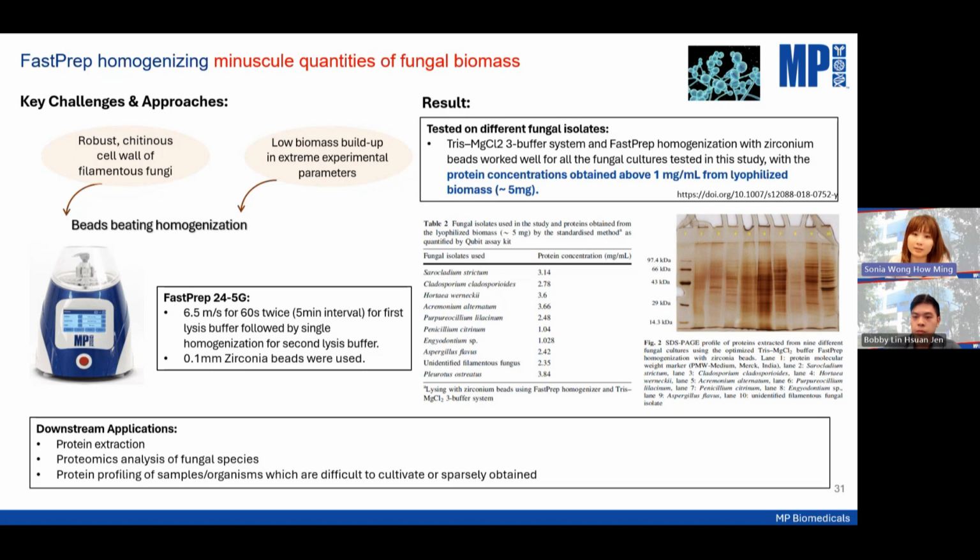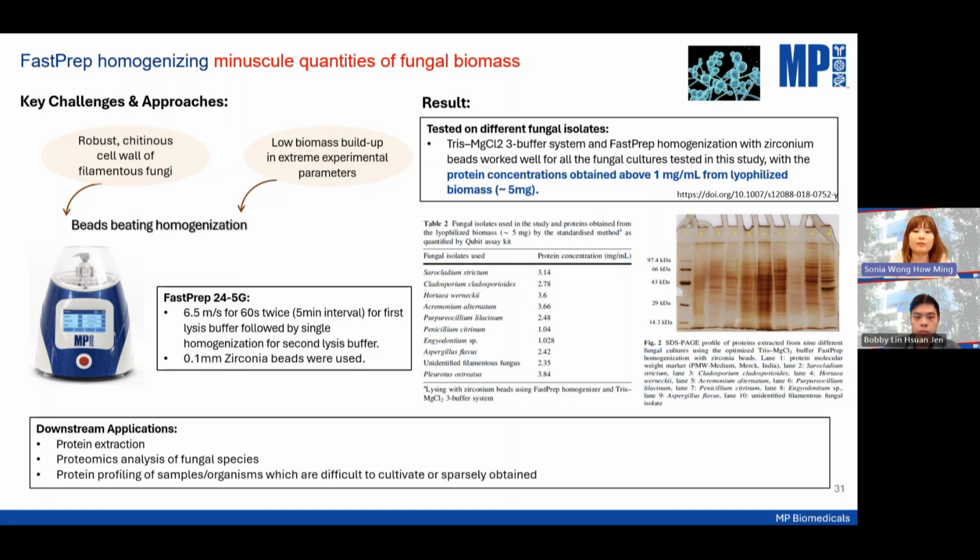They selected this Tris magnesium chloride buffer system as their best lysis buffer among those tested, and paired with FastPrep homogenization with zirconium beads, it worked well for all of their fungal cultures. The outcome was a protein concentration above 1 milligram per mL from a lyophilized amount of as little as 5 milligrams.